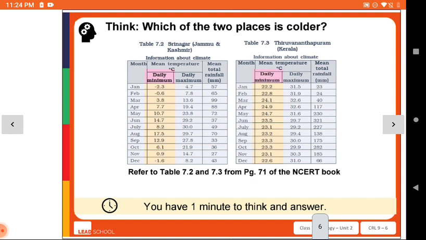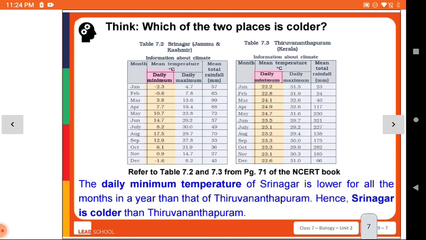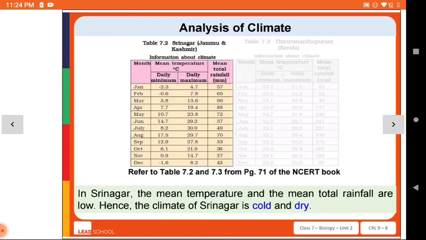So, which of the two places is colder? Similarly, we know that the daily minimum temperature of Srinagar is lower in comparison to Tripura. So, Srinagar is colder than Tripura. Now analyze the climate.